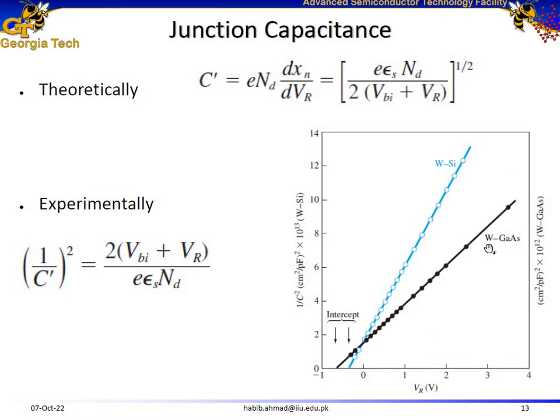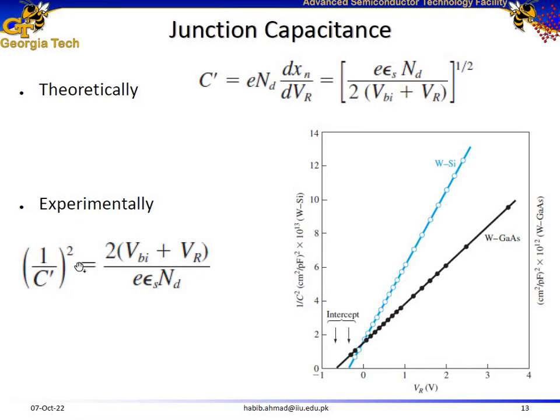For example, this is a plot for tungsten metal deposited on top of gallium arsenide material. Let's consider the example of tungsten applied on silicon instead. So you increase the voltages and you just measure the capacitances and then calculate 1 over C dash square and then just plot the values, and you would be able to achieve a straight line.